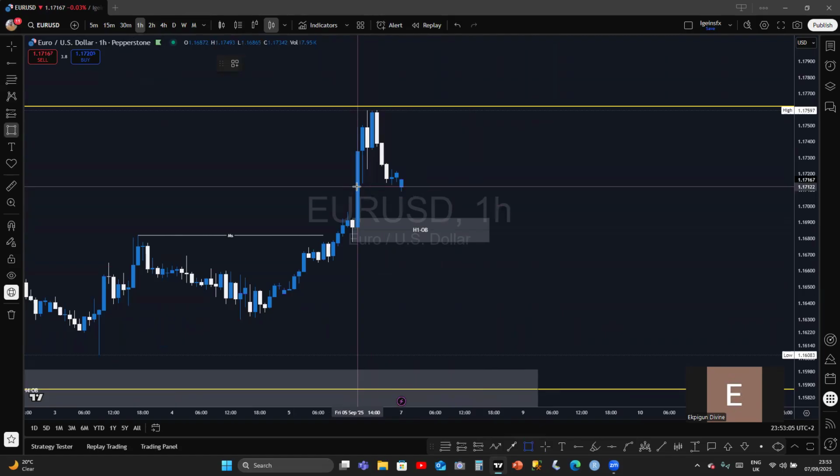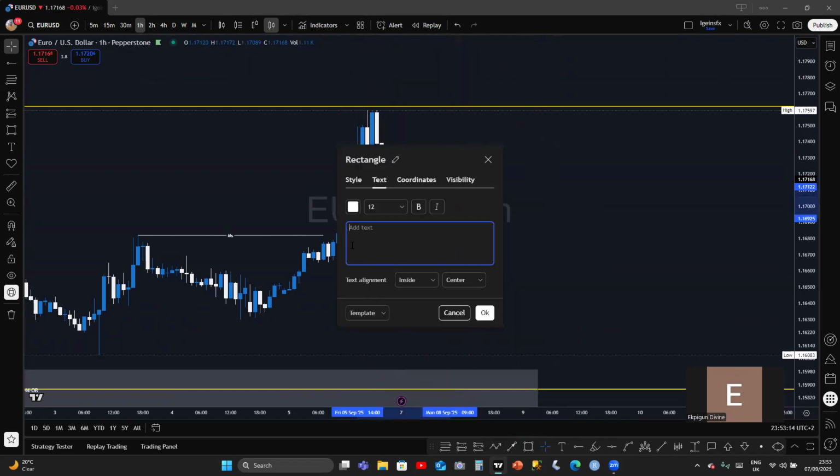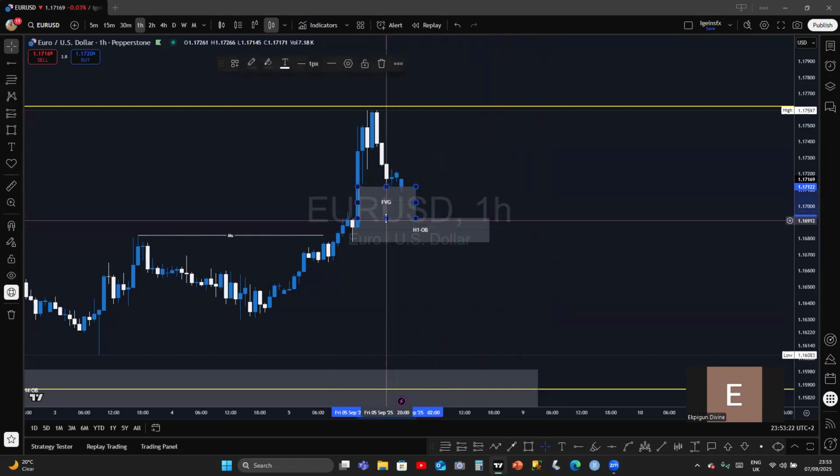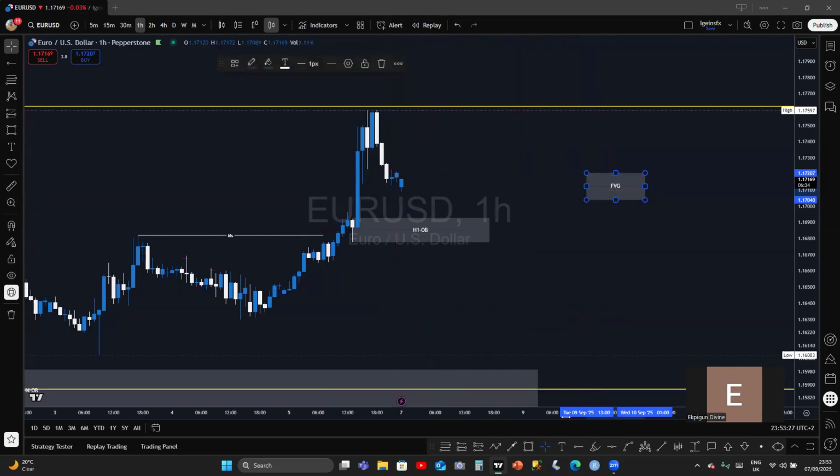So, and we have fair value gap here. Maybe. We have fair value gap here. What happens is that the fair value gap price will come back to cover up. Now, if I should remove it, this is the fair value gap.